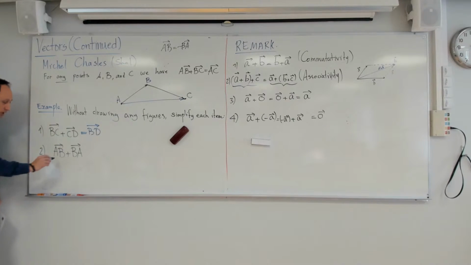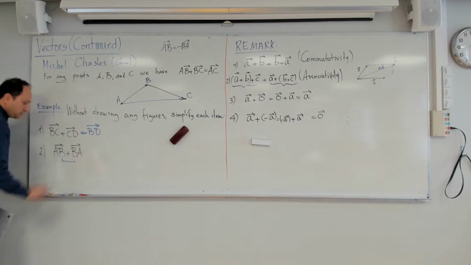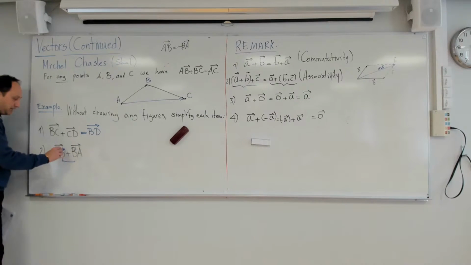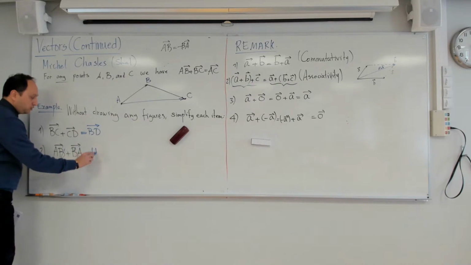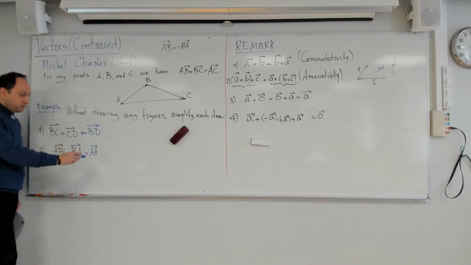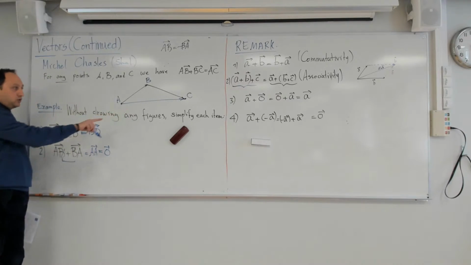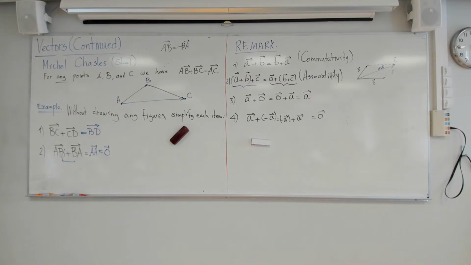Yes, because you see these two are the same, so I can eliminate this. What is left? A and A. But I told you that whenever you have a vector whose initial and final points are the same, there is a name for that. What's that vector? The zero vector. You have to stop here because I told you to simplify as much as possible.